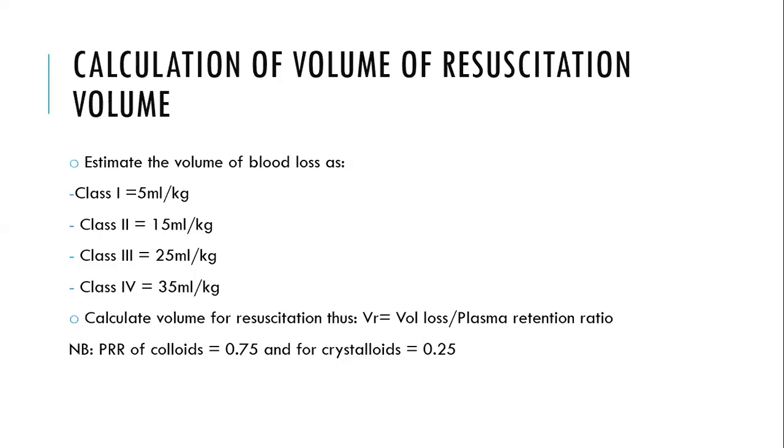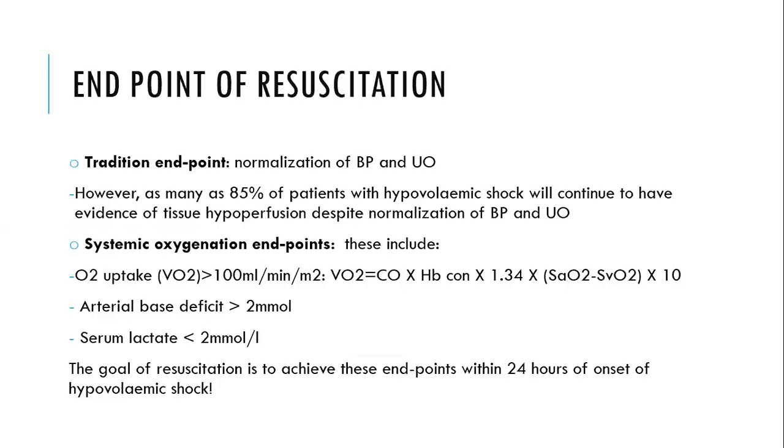Remember that the plasma retention ratio of colloid is 0.75. What it means is that 75% of your infused colloid will stay within the intravascular compartment, while with crystalloids, only 25% will stay in the intravascular compartment. So this is how to calculate the volume required in resuscitating your patient in hypovolemic shock.